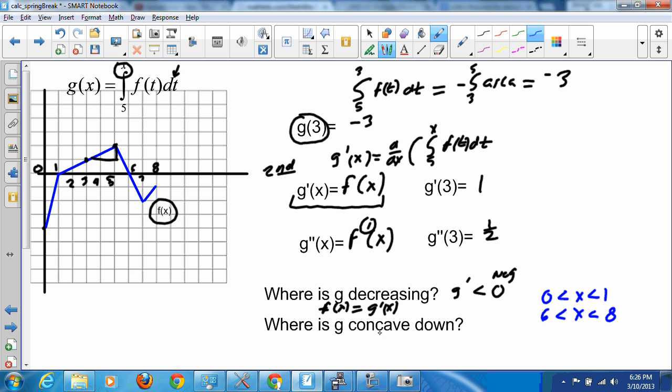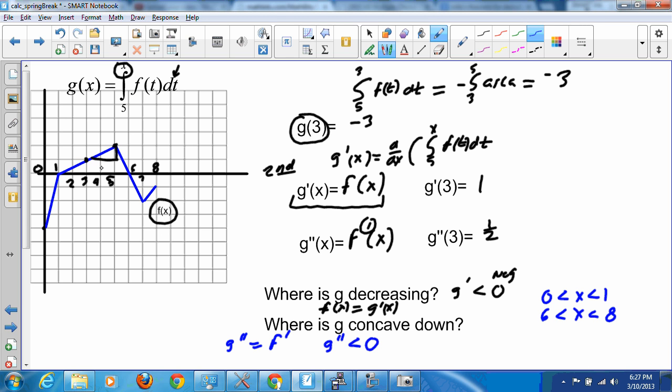Where is g concave down? When I see concave down, I immediately think of the second derivative. And since it's concave down, it's where the second derivative is negative. And if we know that f of x is equal to g prime of x, then the second derivative of g is equal to the first derivative of f.